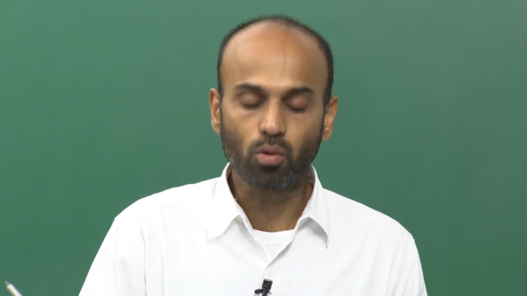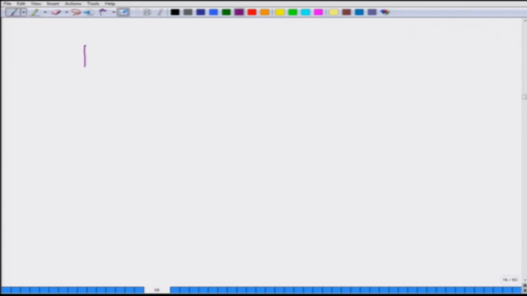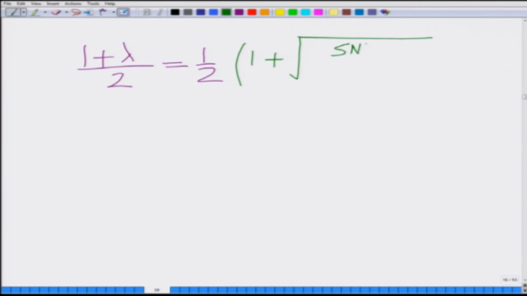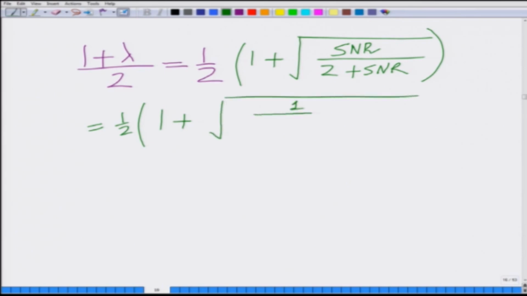Now, let us look at the other quantity, that is 1 plus lambda by 2. Now, 1 plus lambda by 2 equals half times 1 plus the square root of SNR divided by 2 plus SNR, which again I can write as half times 1 plus the square root of 1 over 1 plus 2 over SNR.